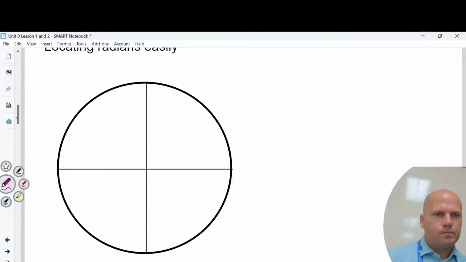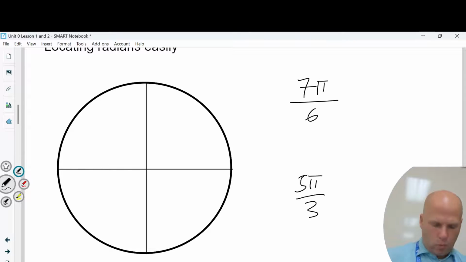Cool. So if I ask you to find where is 7 pi over 6, or where is 5 pi over 3, you should be able to work it out by understanding that it is a pi over 6, or a pi over 3, away from an important angle.